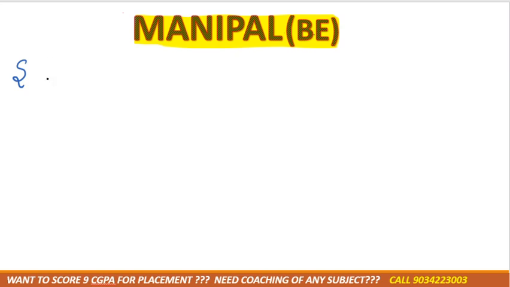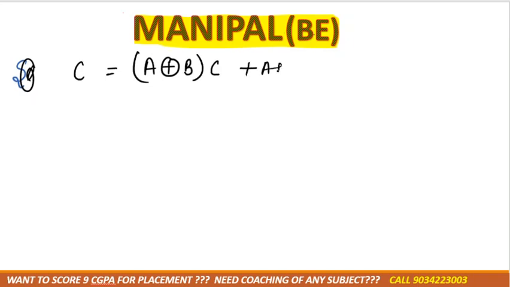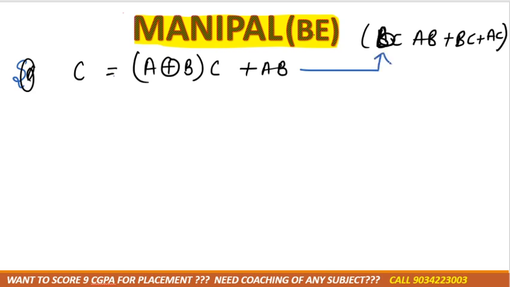So we need to solve it further for the carry. The carry we got is (A XOR B) C plus AB. But what we want is AB plus BC plus AC, right? So we have to solve it, and let's check whether this expression comes; if it does, then our diagram is correct.